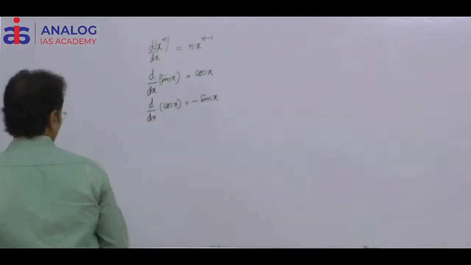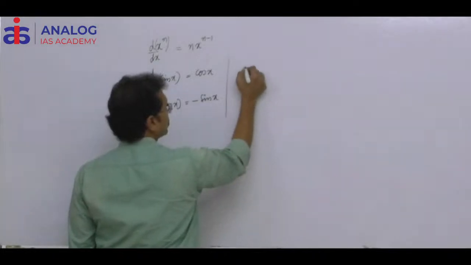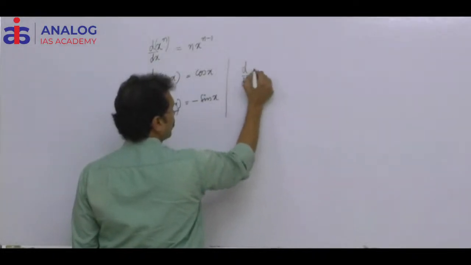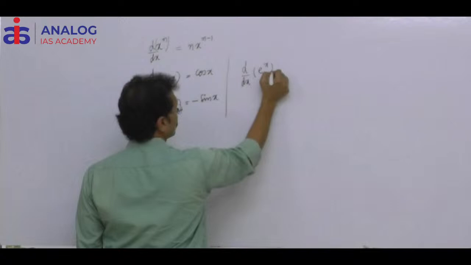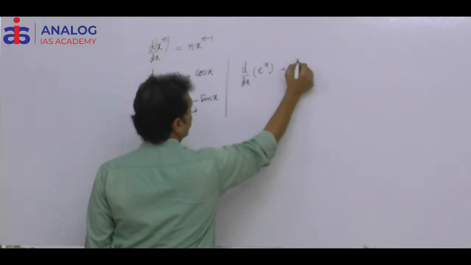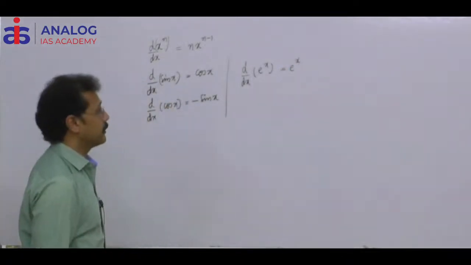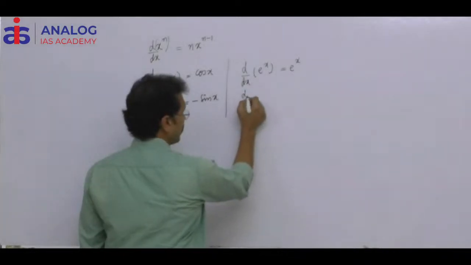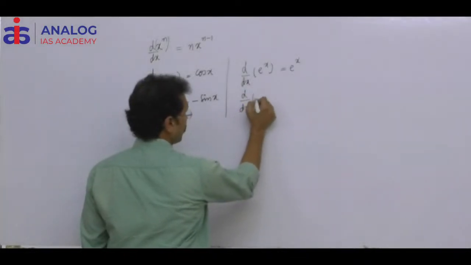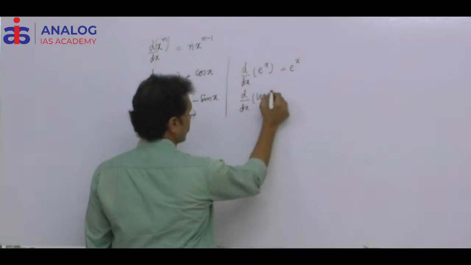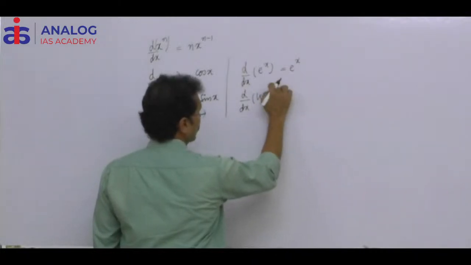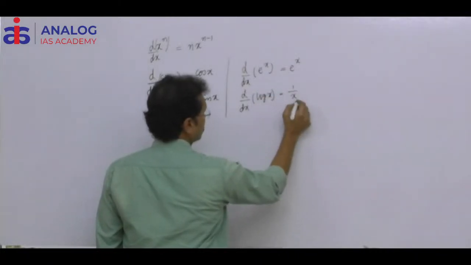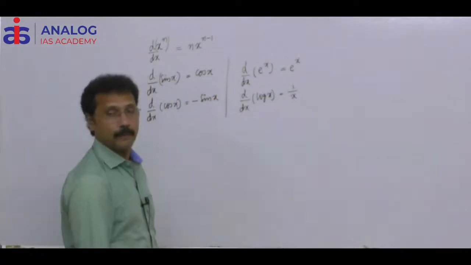One important thing here is that the differentiation of e power x is e power x itself. Differentiation of log x is, we write it as 1 by x, but that all depends upon the base.